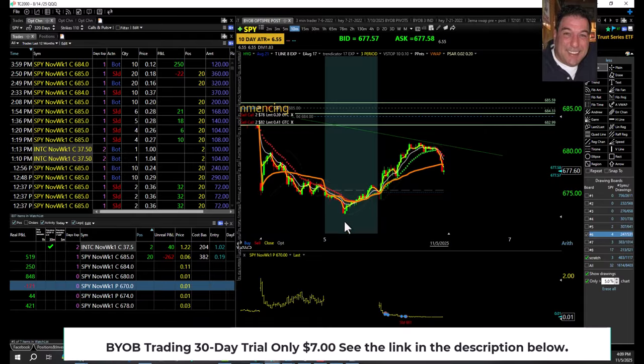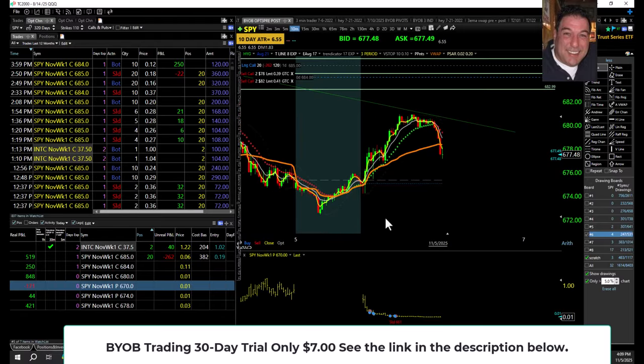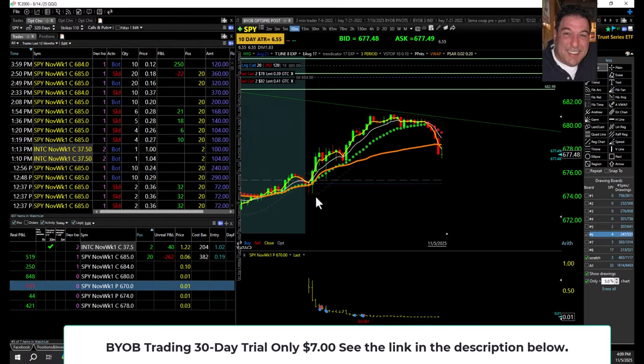I told the people in the room they put in an exhaustion candle right into support. Chances are we're in this 10-minute uptrend, and I will be buying this 10-minute uptrend. That's why I said I will be picking off the lows of the option candles in the calls right here as the market opens up.